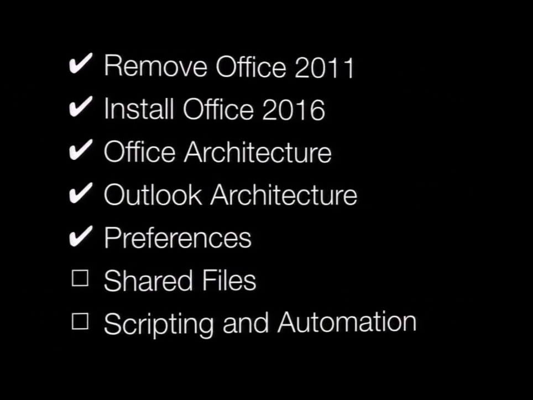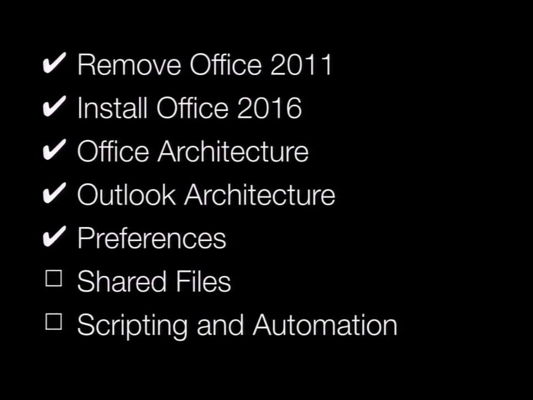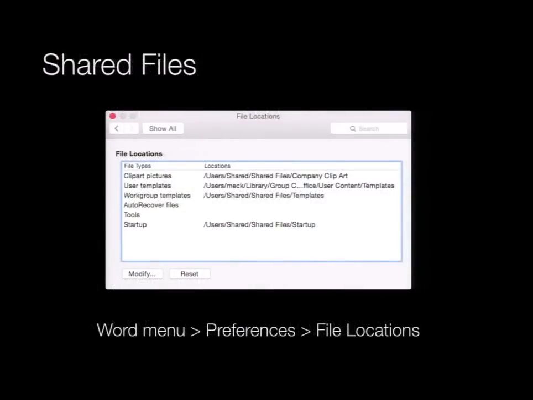All right, just a quick note about shared files and resources, such as company letterheads that you might have in Word or branded slide decks that you might have in PowerPoint. If you launch Word 2016 and choose Word, Preferences, File Locations, your user has the ability to specify certain file locations for clip art or workgroup templates.